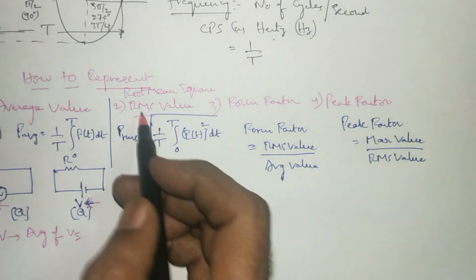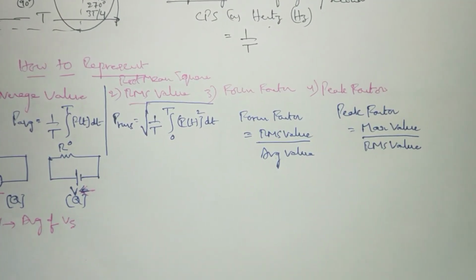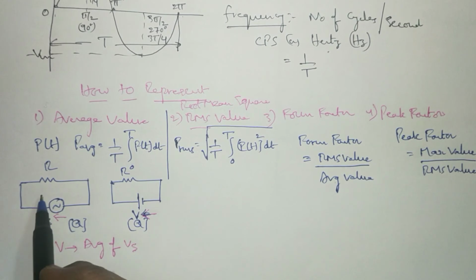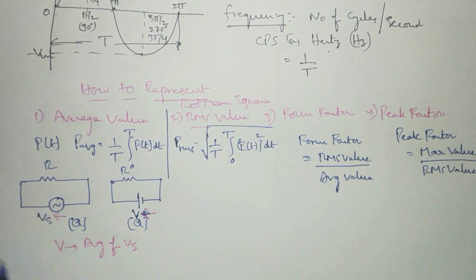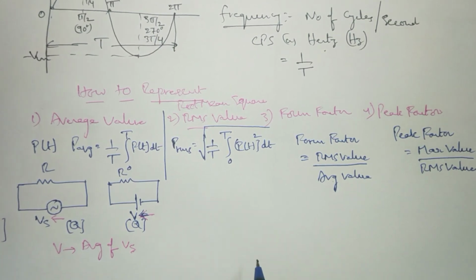Similarly, the RMS value is defined as the steady current which is going to produce the same amount of heat energy as that of the alternating quantity. Means we are going to consider two circuits here also. Say in case 1, it is going to generate a heat energy of H over a period of time.